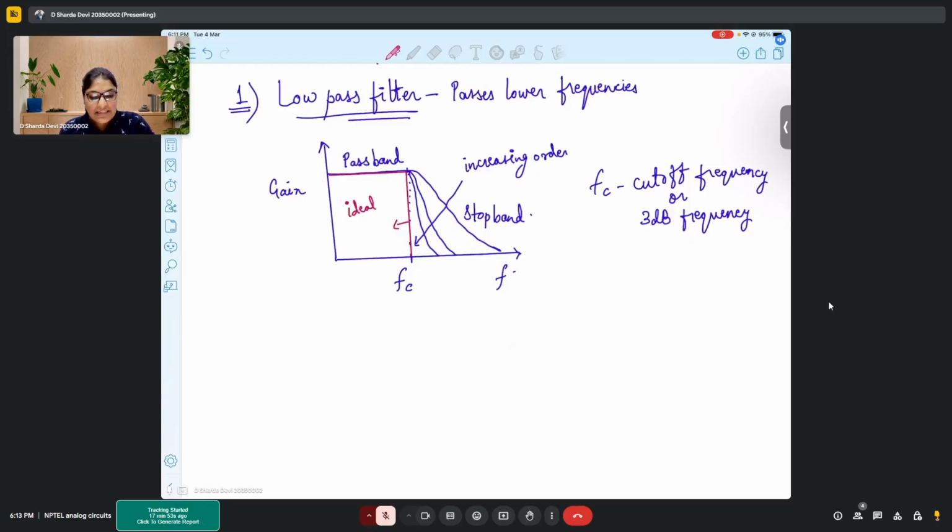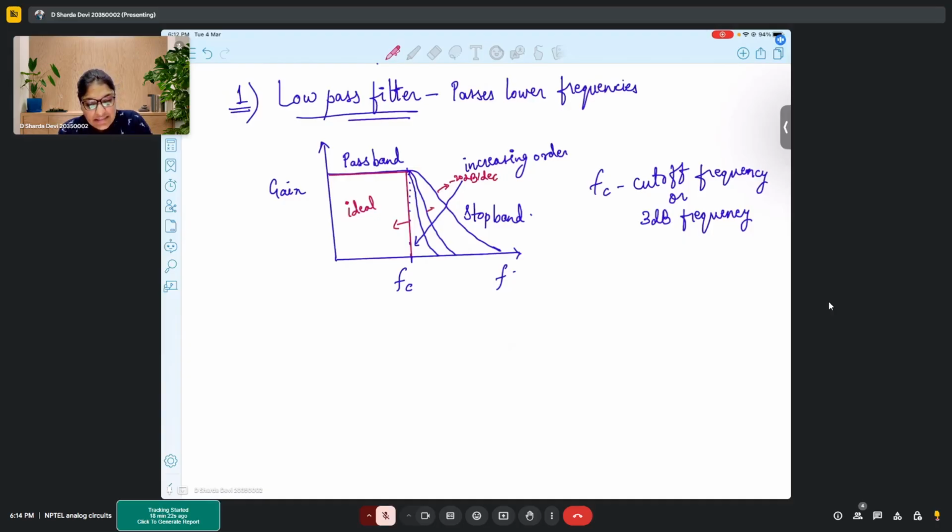We have seen in our Bode plot analysis that when there is a single pole, let's say at FC, the slope of the curve drops by minus 20 dB per decade, right? To make the slope steeper, I need to add more poles at the same point.